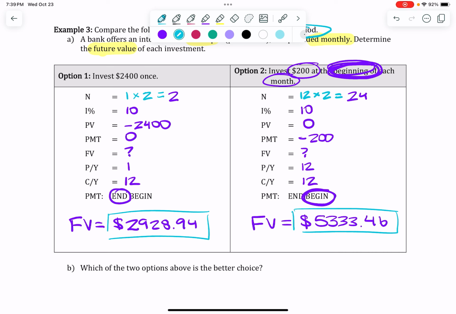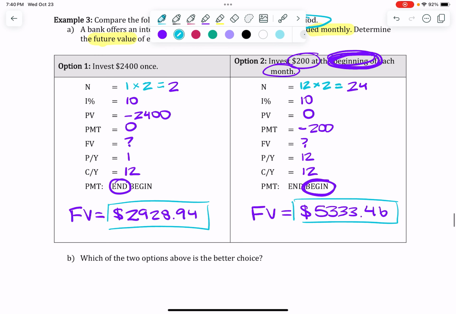Okay, reminder. When I want to compare which of these two options is better, the only time I can compare directly is if there is nothing different except my final answer and one other thing, like if my compounding periods were different or my interest rate was different, but everything else was identical. But here I don't have that.